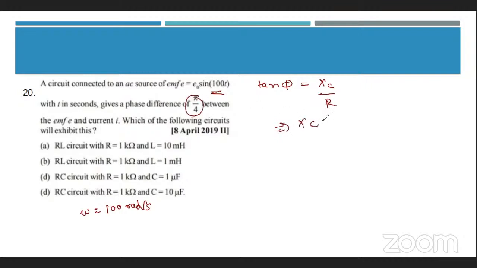So I can write from here that XC is basically equal to R, and the R value is also given to you as 1 ohm.